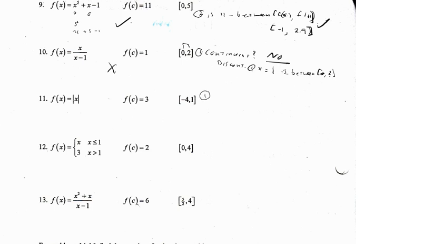Is the interval okay? Is 3 somewhere between f of a and f of b? f of a is f of -4. What is the absolute value of -4, everybody?